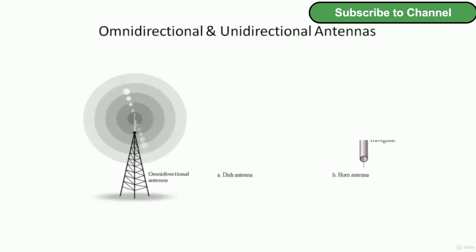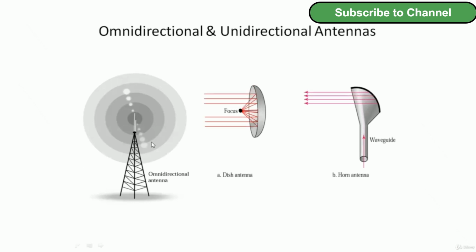Some types of antennas are used in this transmission. In this picture, the first one shown is the omnidirectional antenna. Then the second one is the dish antenna. We can see it at our home. And then this one is the horn type antenna.